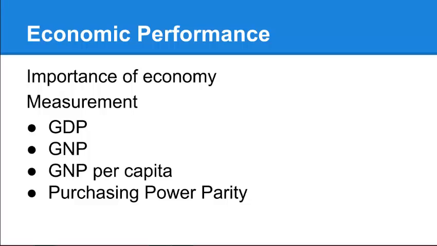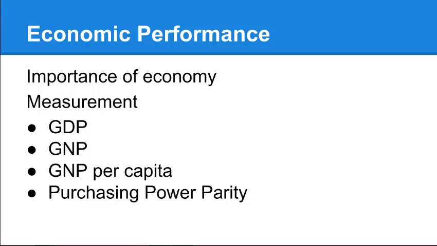Now, economic performance is really measured in four major ways. First is GDP. Now, GDP is gross domestic product, which is the measurement of all goods and services produced by a country in a given year. Now, GNP, on the other hand, is gross national product, which is all GDP, but also including the income of every citizen outside of the state.